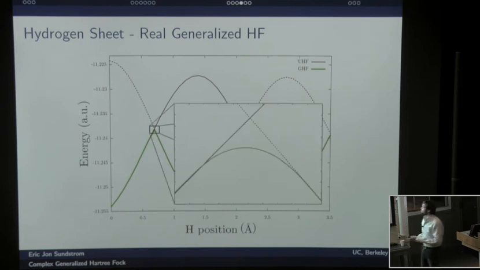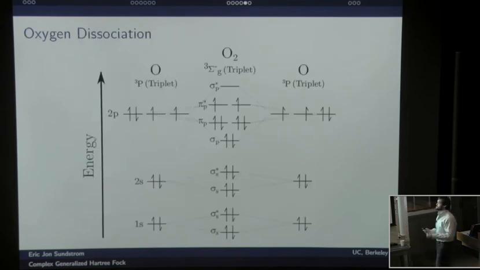All right. Past that. So another system that we've talked about today quite extensively, and I'd like to briefly touch on at a much simpler level. I didn't do CAS-SCF on oxygen at all. I'm just doing Hartree-Fock. But if we think about oxygen, we have a triplet state at the equilibrium position. And we also have triplets at dissociation.